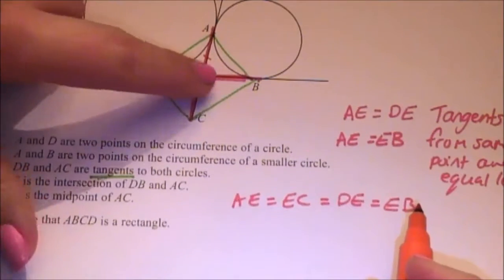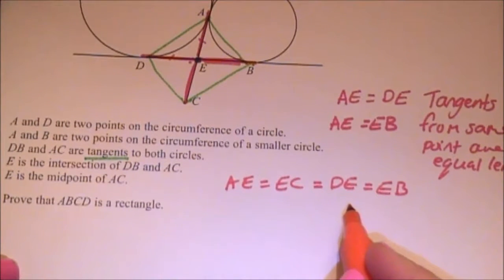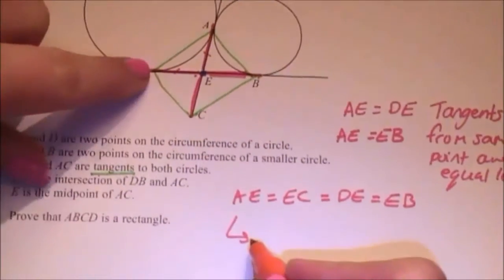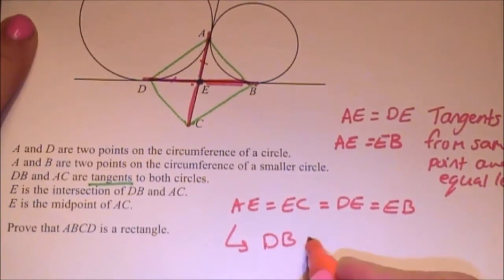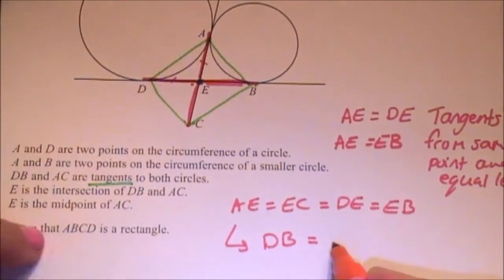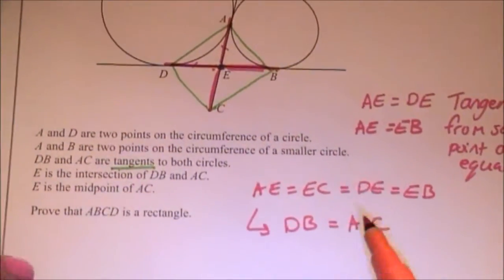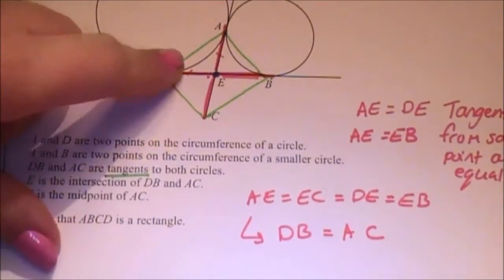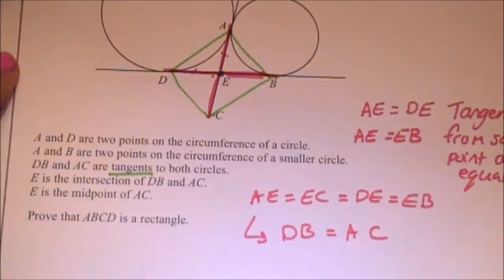So I'm saying all of those lengths are equal. Now, because all of those lengths are equal, what I can clearly say is that the line DB is equal to the line AC. And if DB is equal to AC and they're diagonals that bisect one another, then that confirms that our quadrilateral is going to be a rectangle.